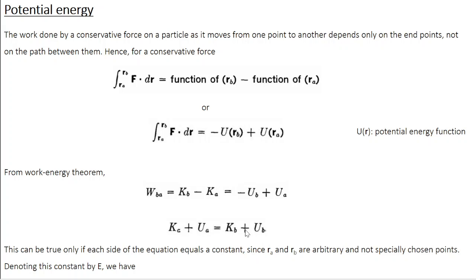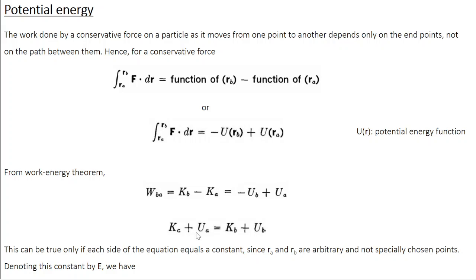Now the choice of A and B is quite arbitrary. You can place them anywhere. For example, you can put A at 5 cm, B at 10 cm, or A at 1000 cm, B at 10,000 cm, whatever. So irrespective of the choice of A and B, the sum of kinetic energy and potential energy has to remain a constant, which means this equation is true only if each side of the equation equals a constant, because the choice of Ra and Rb are arbitrary.